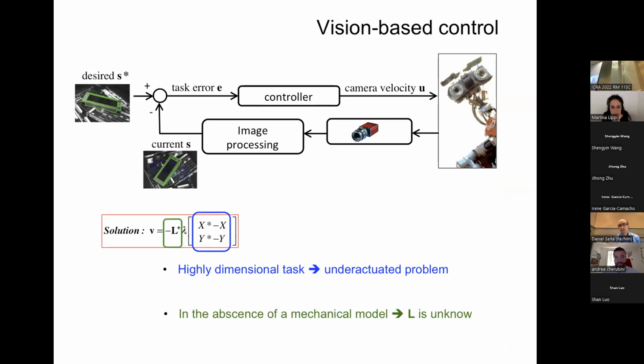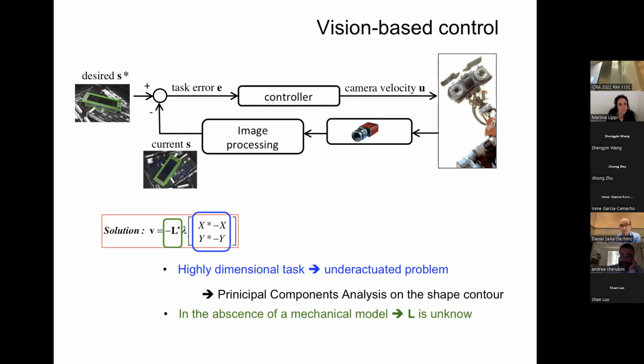And the second big problem is that if we don't have a mechanical model of the object, as is often the case when we do manipulation of soft objects, then we cannot know the values of the matrix L and use it in our control law. So to address these 2 problems, we have reduced the task dimension using the most simple, I would say, machine learning technique, which is principal component analysis, applied on the contour of the object.